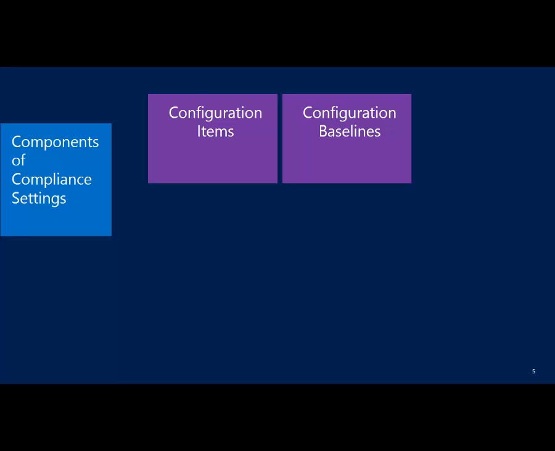But configuration items defined generically apply to compliance settings, apply to application model, apply to software updates and operating system deployment, and so on, right? So you'll see configuration items generically mean all of those things. So in this specific scenario, just know that a configuration item is this unit of definition of what we're going to check, right?